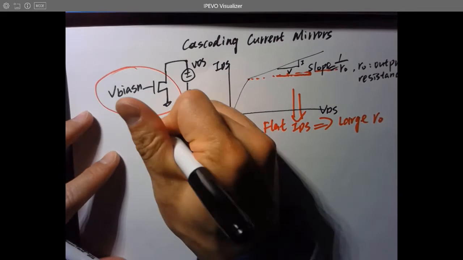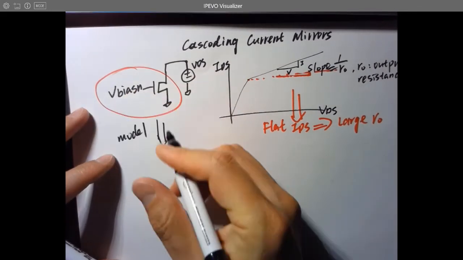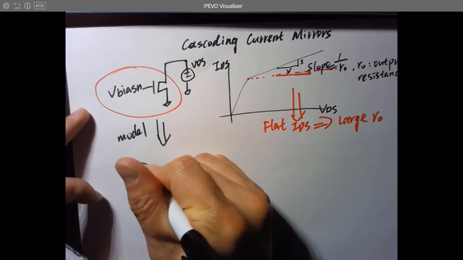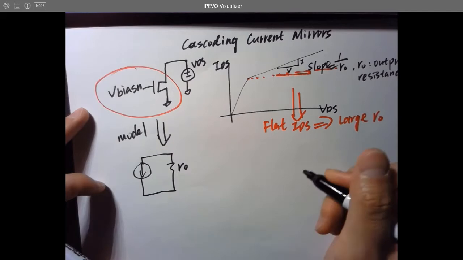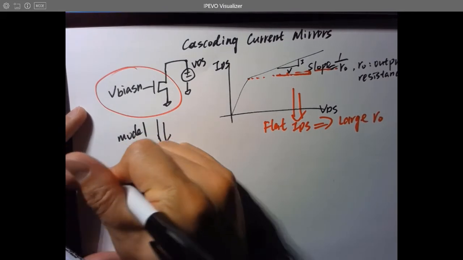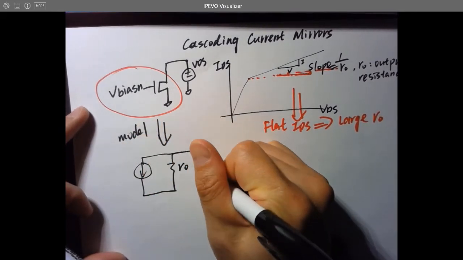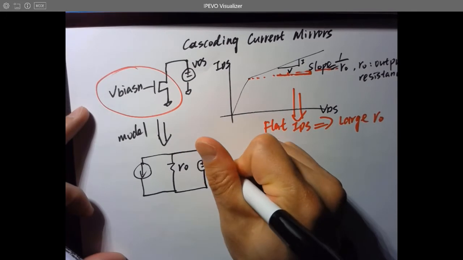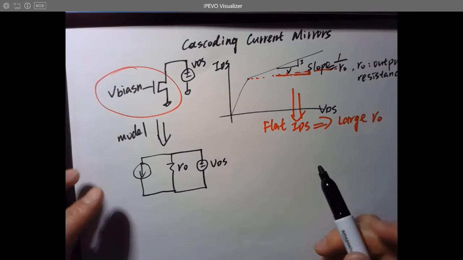If we model this NMOS, you can see that this NMOS is actually a current source being connected with a RO over here, and also there's a voltage source being connected to the NMOS transistor. That's VDS. So that's D, that's S. This is how we model that.